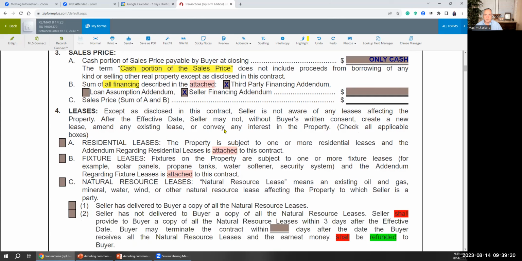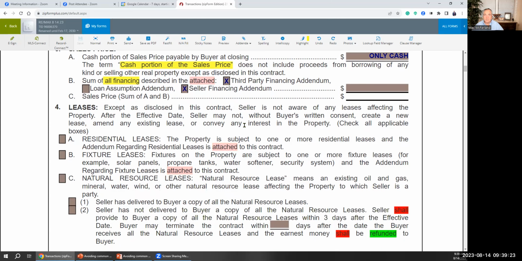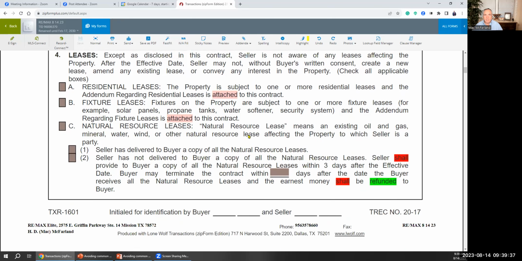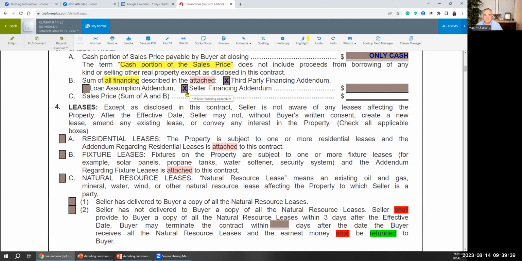We've talked about the cash portion, the cash price. Remember, it's not contingent, and does not include proceeds from borrowing of any kind or selling other property. Does not include that. Cash price, cash portion. Can we have two attachments? Yes. Finance attachments? Yes.